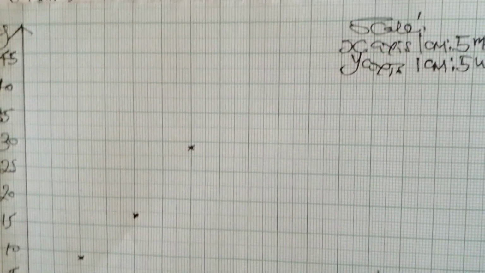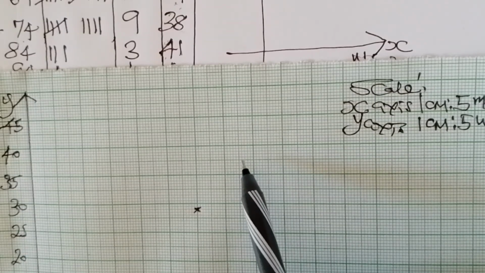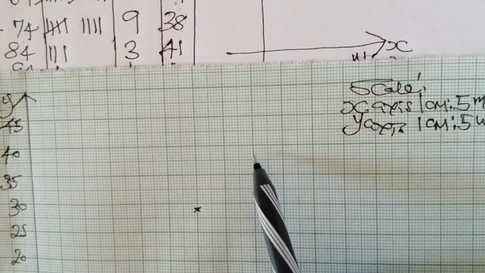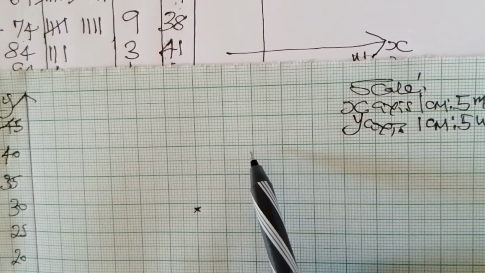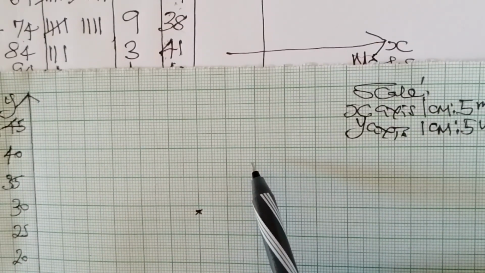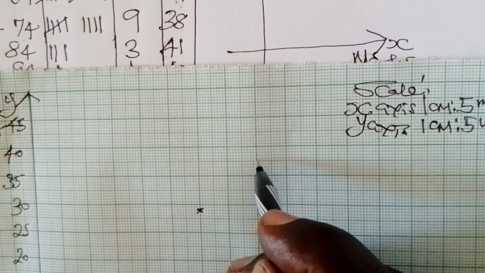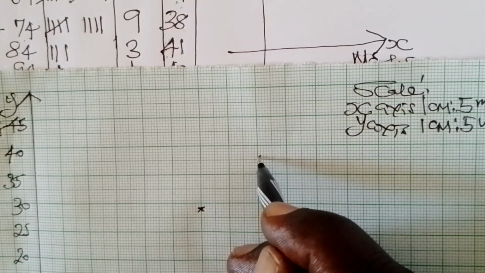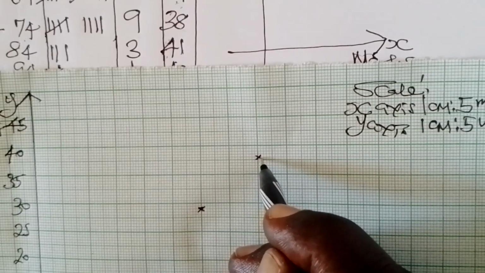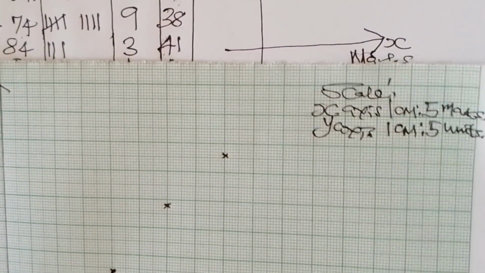We move upwards and plot 38. 38 will be given by 4 small squares below 40. 4 small squares below 40. 38 there.